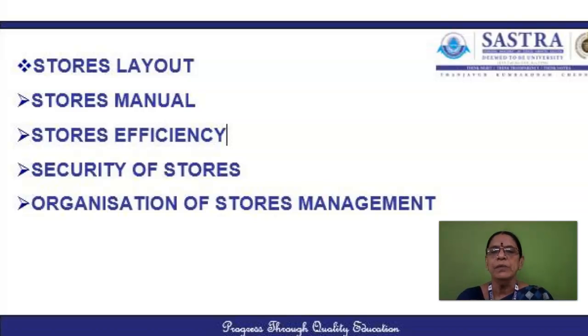Now, we have to see to it that in the case of heavy items, the monograms or the identification marks need not be made. Only lightweight items which can be easily carried must be monogrammed.